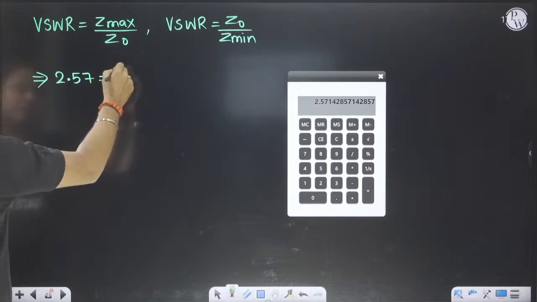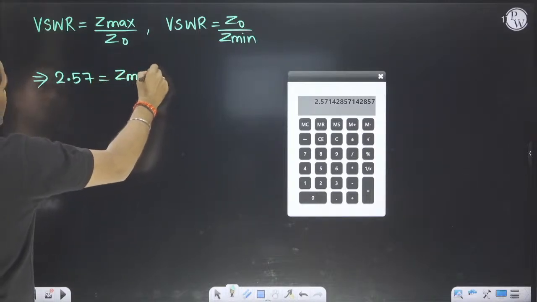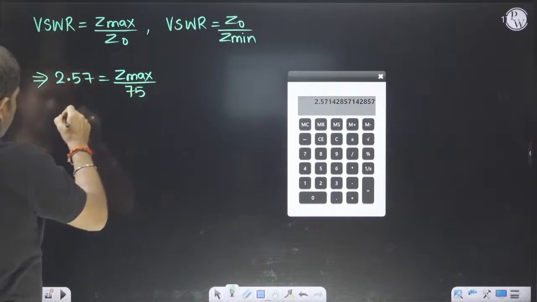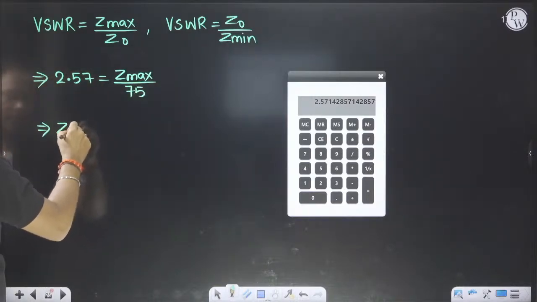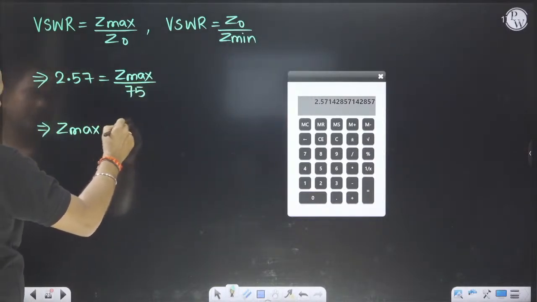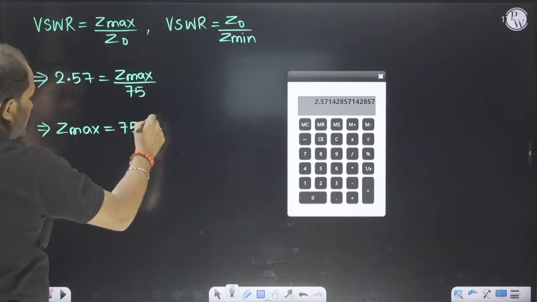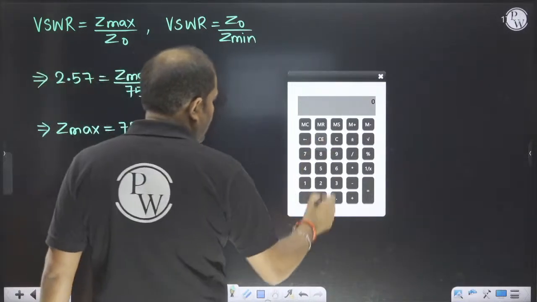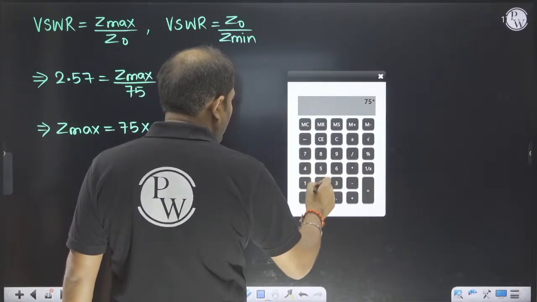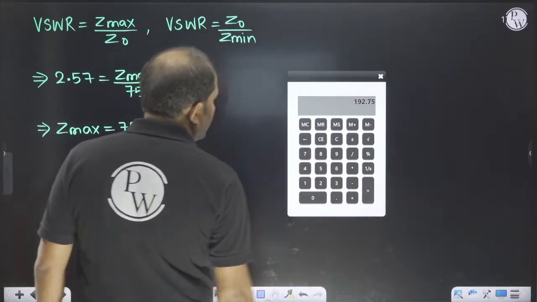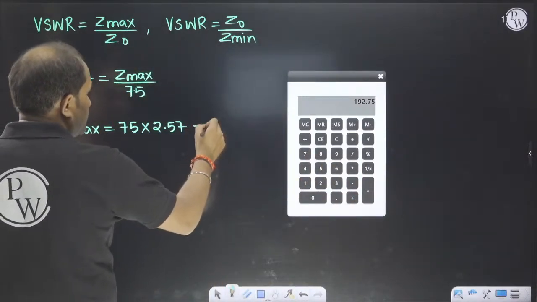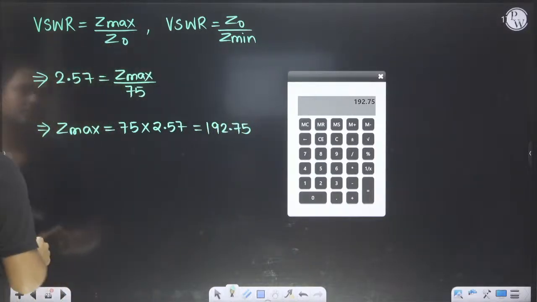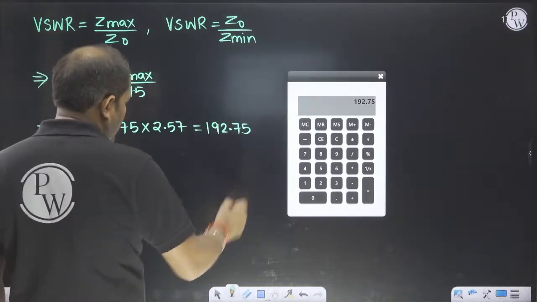Z max we don't know, Z naught we know, it is 75 ohm. So Z max is 75 into 2.57, which is 192.75.